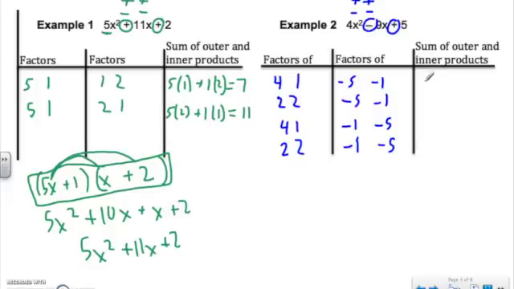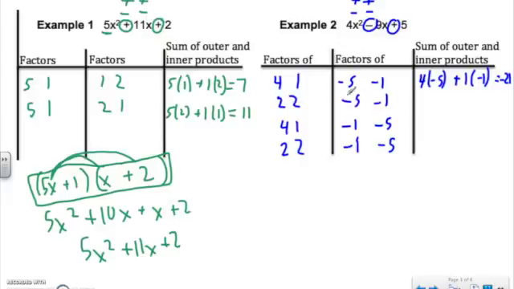So if I'm looking at this, I'm going to have 4 times negative 5 plus 1 times negative 1. And that is going to give me a negative 20 and a negative 1, which is going to be negative 21, which is not what we're looking for. Remember, we want to get negative 9.